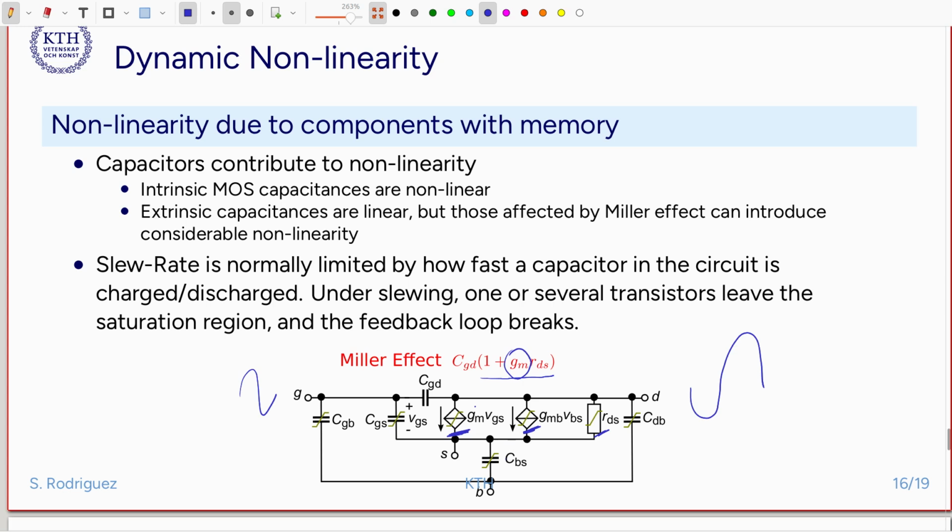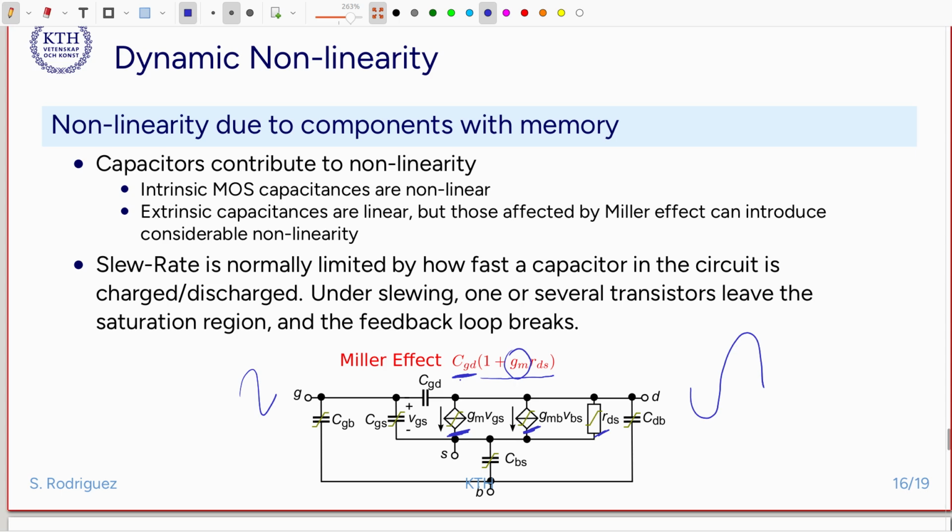The capacitor itself, being an overlapping capacitor, is a passive capacitor, very linear. The Miller capacitor is very nonlinear and can introduce a lot of nonlinearity. So these capacitors are embedded in the transistors, and naturally they are going to appear in the positions of the poles and the zeros, introducing nonlinearities in the transfer function.